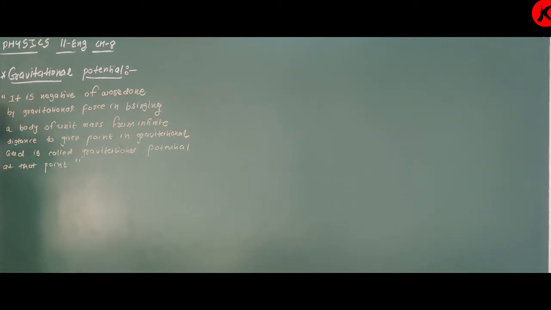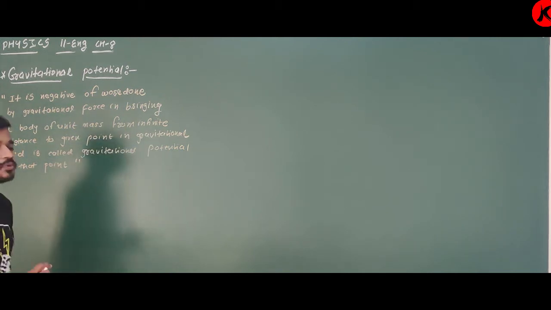Again, it is the negative of work done by gravitational force in bringing a body of unit mass from infinite distance to a given point in gravitational field is called gravitational potential at that point.